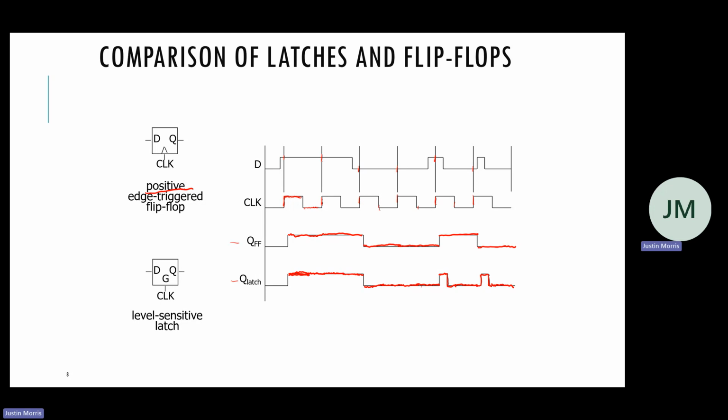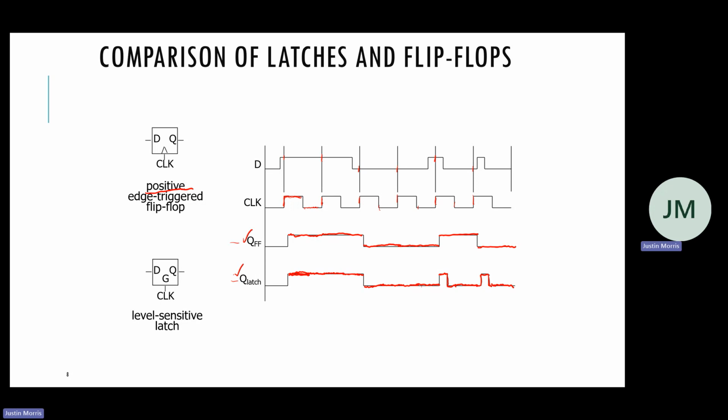So are we all clear with the difference between the flip-flop timing diagram and the latch timing diagram? Because on one of your quizzes coming up, you'll draw something like this. I'll give you D, I'll give you clock. I want the flip-flop, I want the latch.